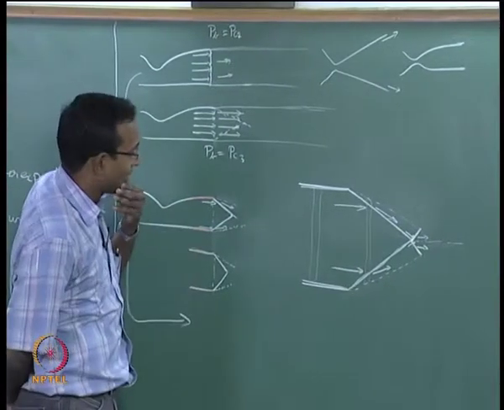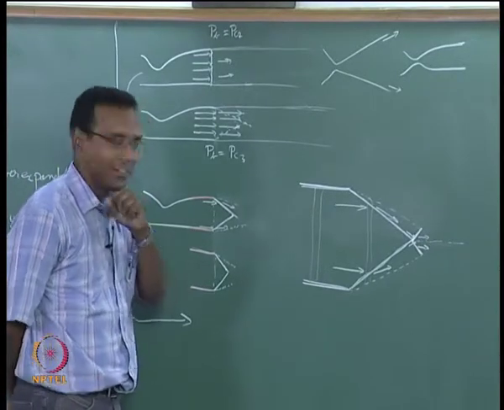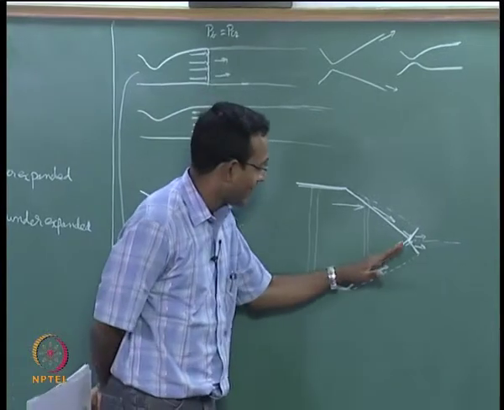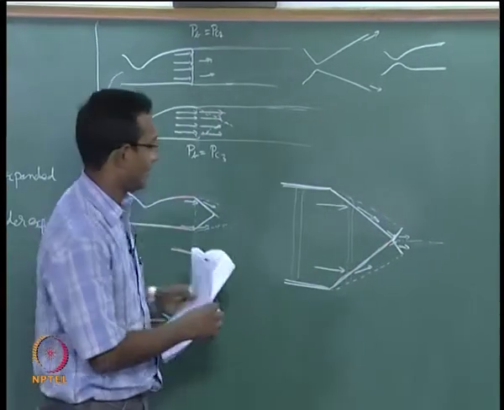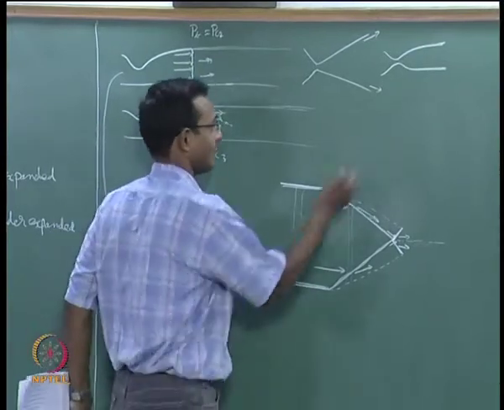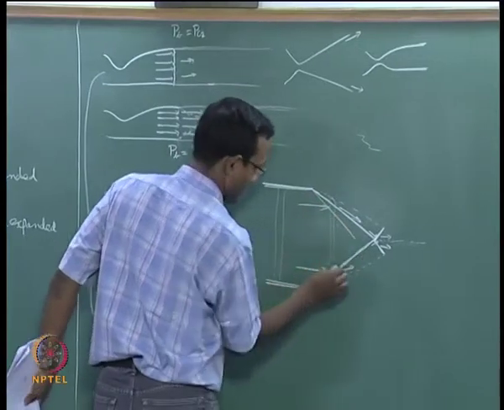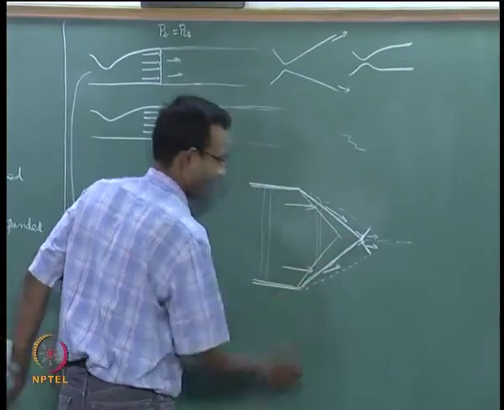Now what if I increase my back pressure a little more? What will happen if I increase my back pressure? This angle will increase. Okay. Let us say I have one more color here, I will use green, I think it will work. I will draw another sharper shock.